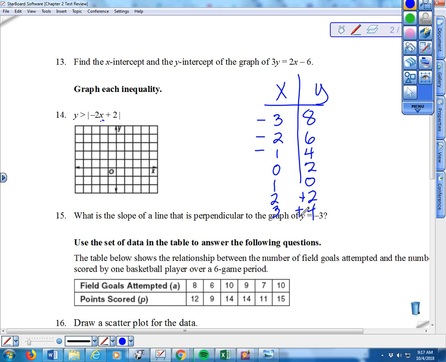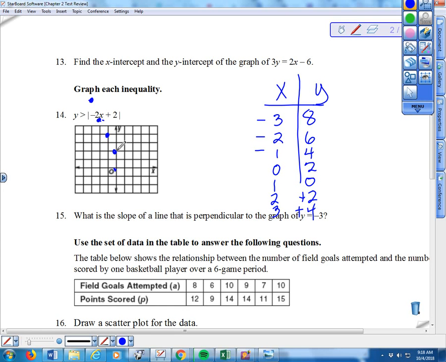Now I'm just going to plot these. -3, this is 0 here. (-3, 8). 1, 2, 3, 4, 5, 6, 7, 8. Somewhere up there. (-2, 6). And (-1, 4). And (0, 2). And now I'm going back.